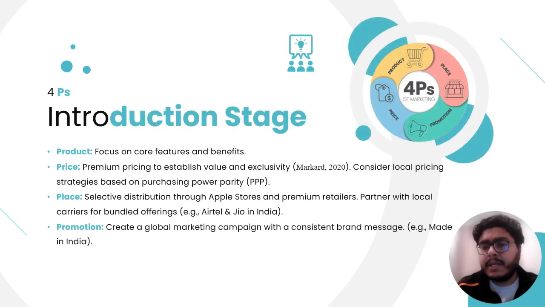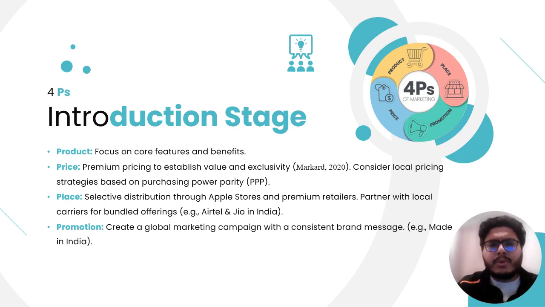Moving on, if we talk about the four P's for this particular stage, they should definitely focus on the core product and the features of the product. They can price premium, and especially with Apple, they definitely price their stuff premium, and they deserve it.